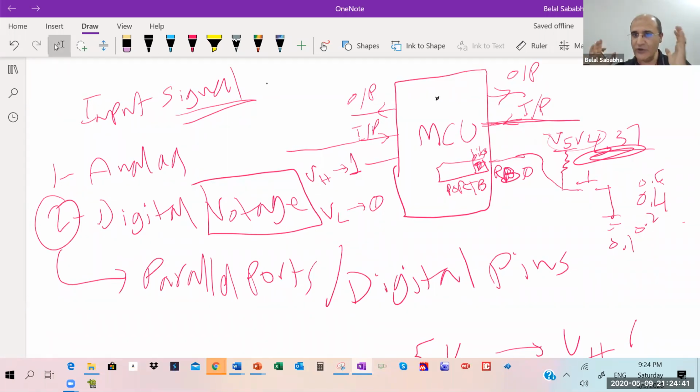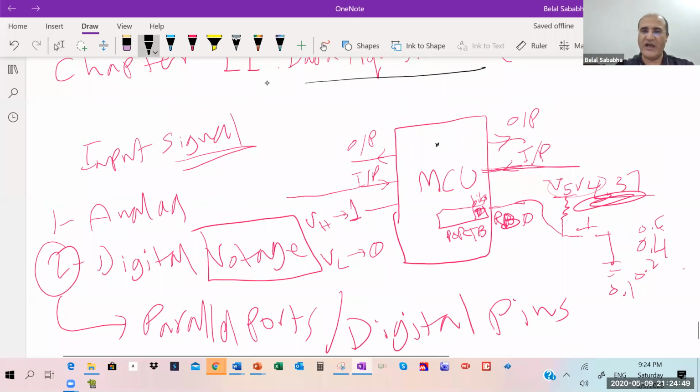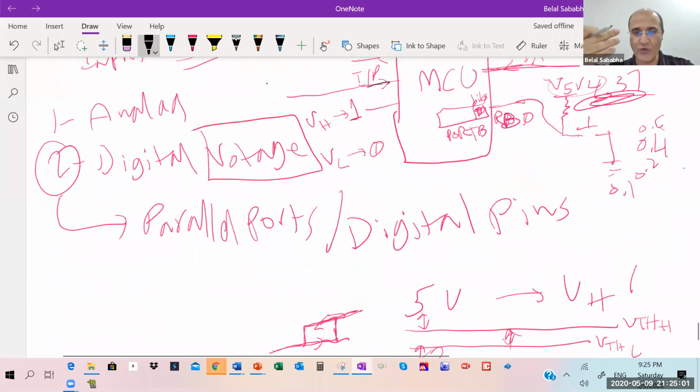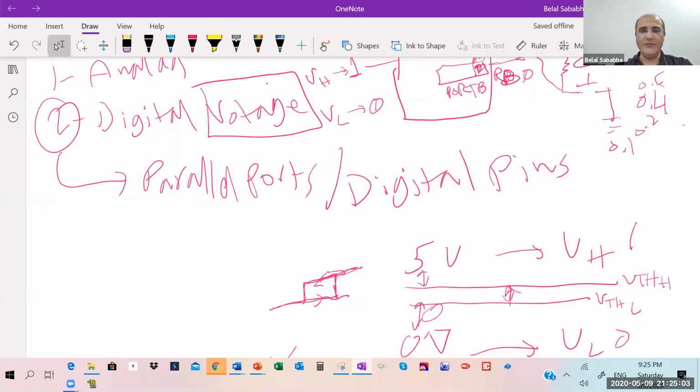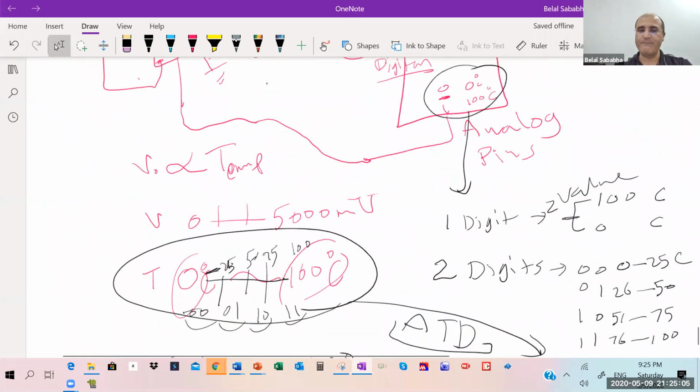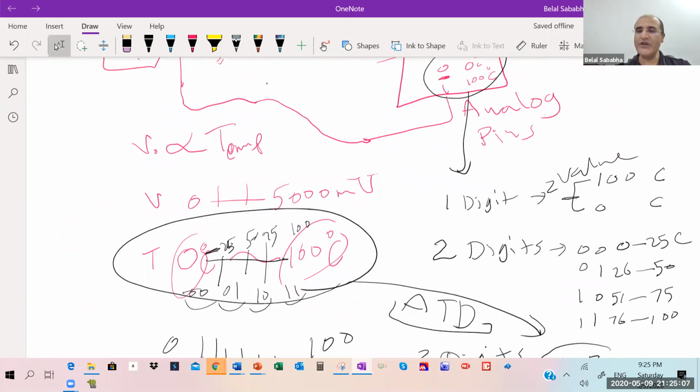So you will be able to know the temperature outside with high precision, not just hot or cold. If I put it on a digital input pin, I'll only know it's 1 or 0, hot or cold, right? But with more digits, you'll have much more meaningful values. This is the main purpose of an analog to digital converter.